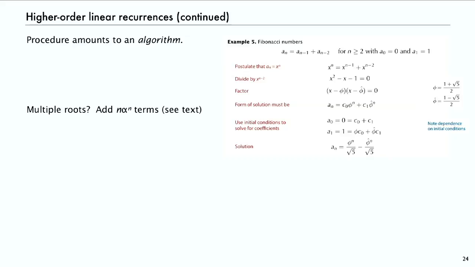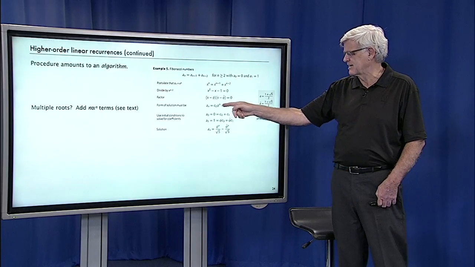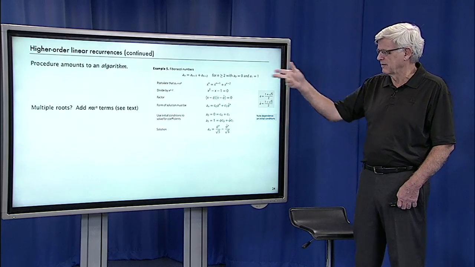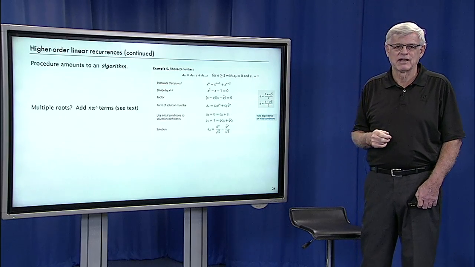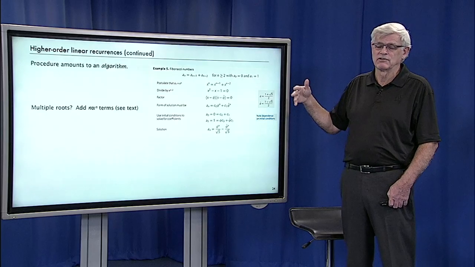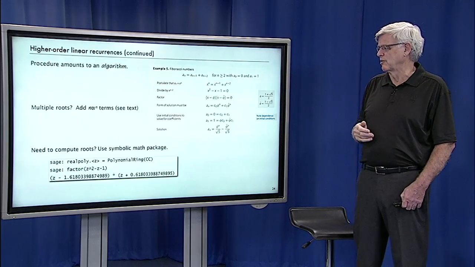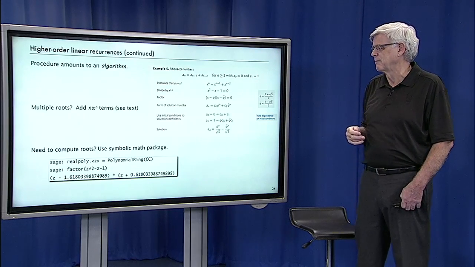Actually, there's one case that we didn't consider, and that is, what if the roots are the same? If the roots are the same, then we get an n times the root to the nth term in there, and that's discussed in the text. But I'm not going to talk about it now, because again, we're going to do this with generating functions next time.